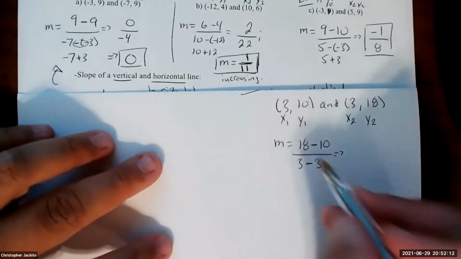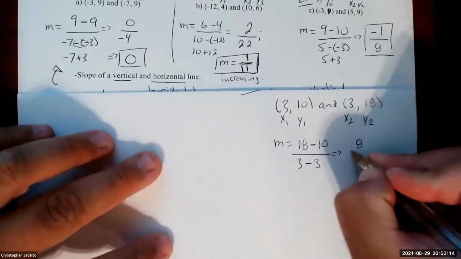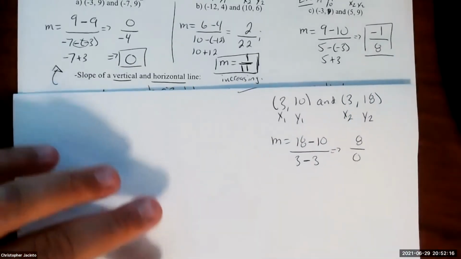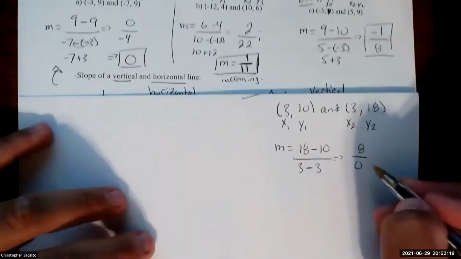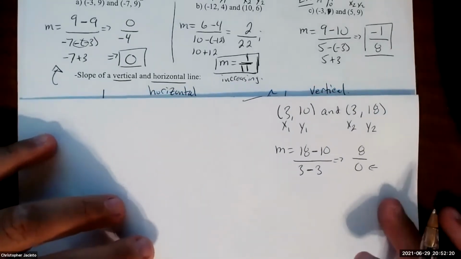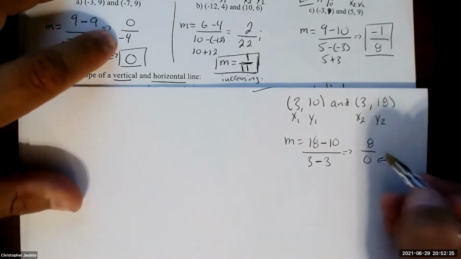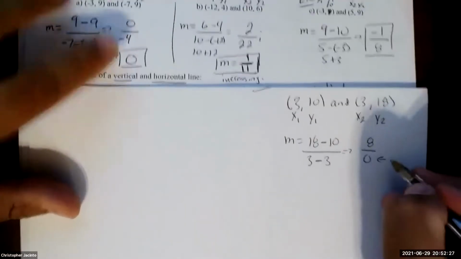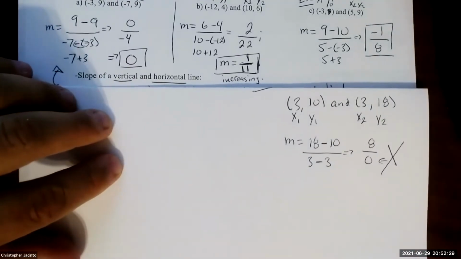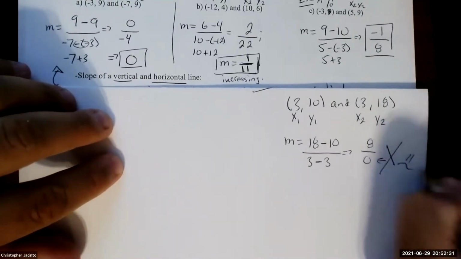Okay. So this ends up being 8, and this ends up being 0. There lies the problem. Unlike over here, where you have 0 over a number, whenever you have a number over 0, this doesn't make sense in math, meaning this is a no-go.